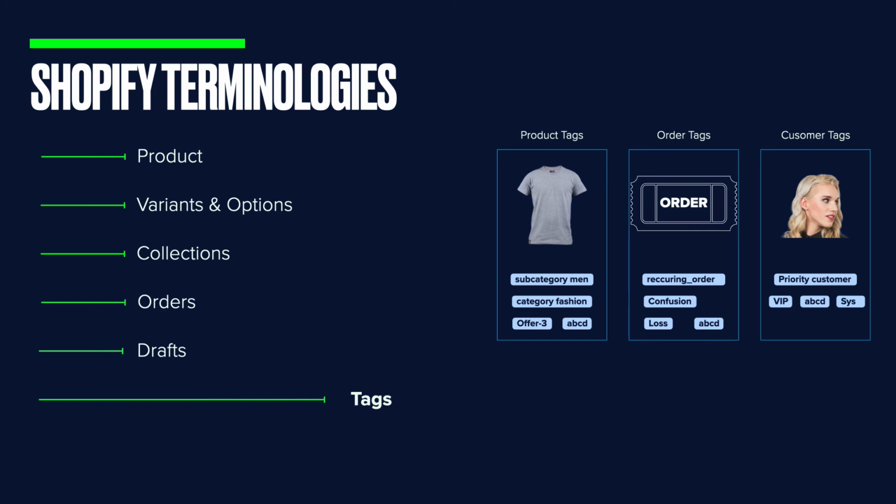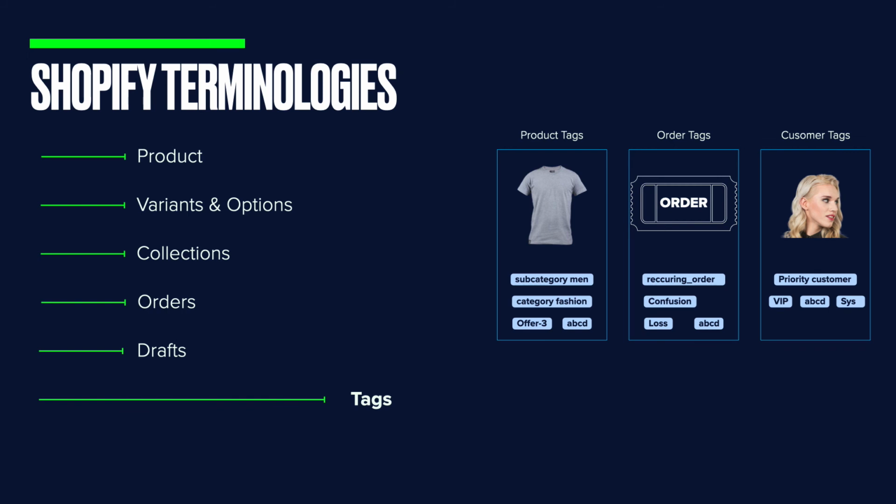So let's see how it makes sense in orders and customers. In orders, let's say at the end of the year you want to generate a report, and you want to get all orders where you got payment in cash, and you need another report where you got payment by credit card. What can we do in such cases?